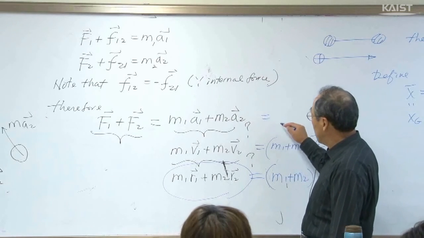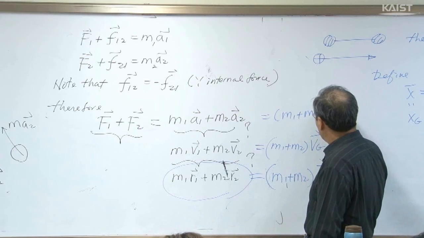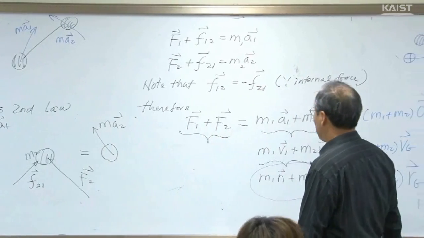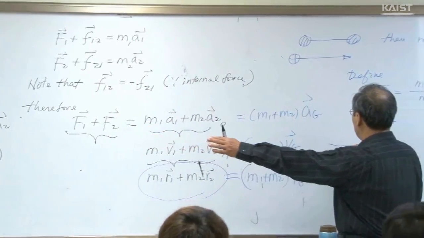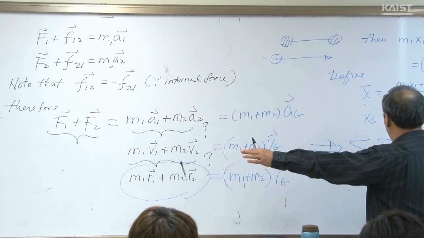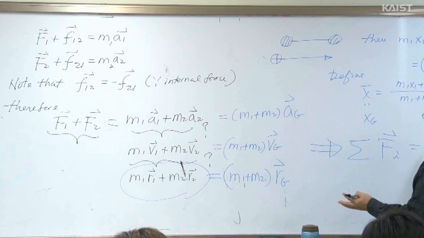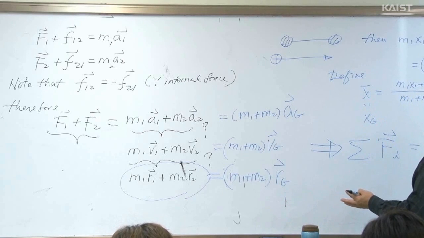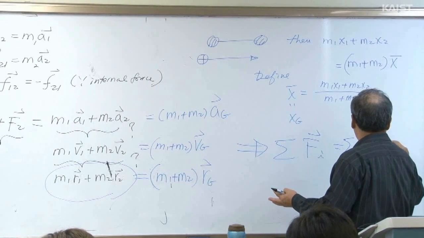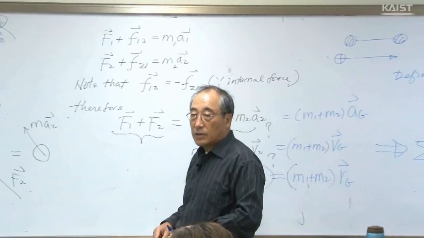And this is equal to m1 plus m2 times that. Therefore, this means that if I expand this idea to three dimensions, then I can say if I have many forces acting on many particles, then I can still say that m total, the summation of all masses, multiplied by the acceleration of the center of mass.